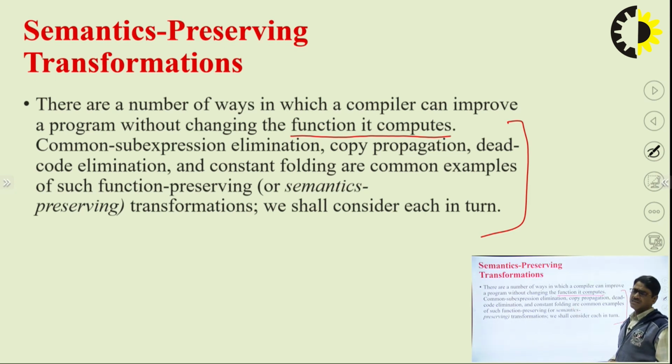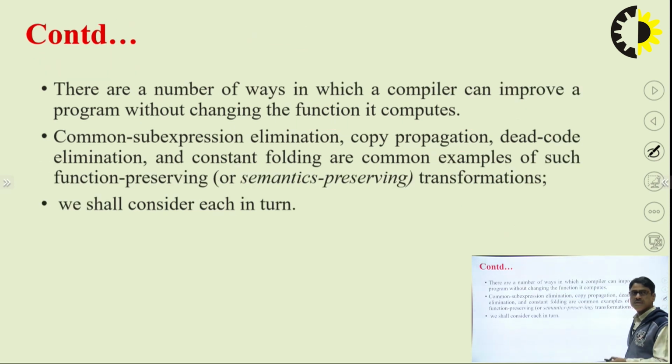Common sub-expression elimination is also done with a DAG. We use a directed acyclic graph in which triples are used, and we can convert the particular sequence into triples and then derive a DAG. And in the DAG, if you get more than one variable for one particular statement, definitely it will come under common sub-expression elimination. These are the function preserving transformations which we are going to discuss in the next PPTs.